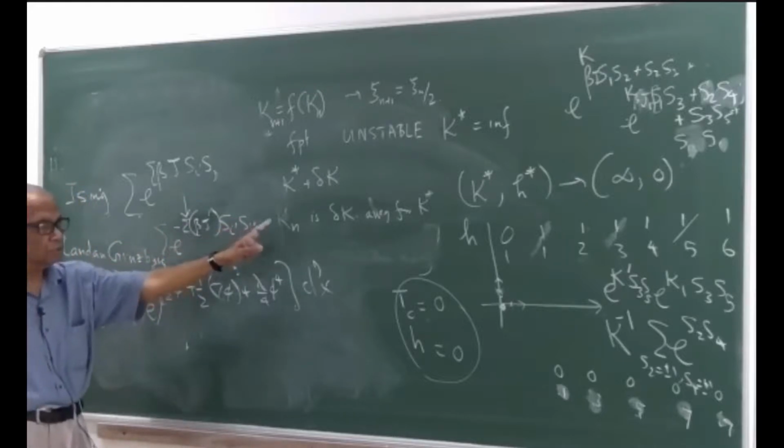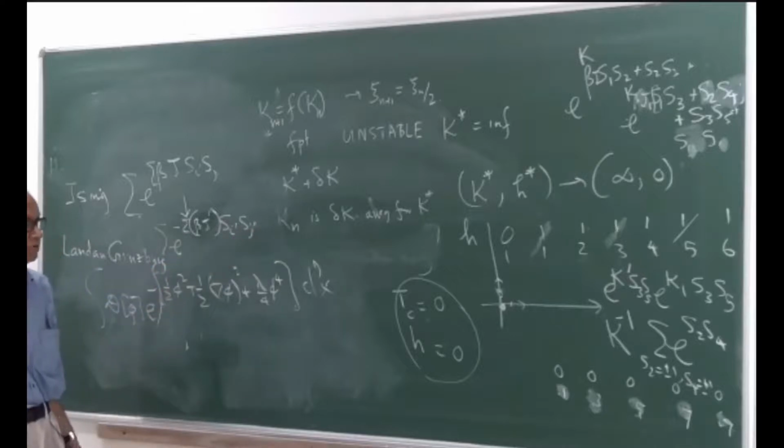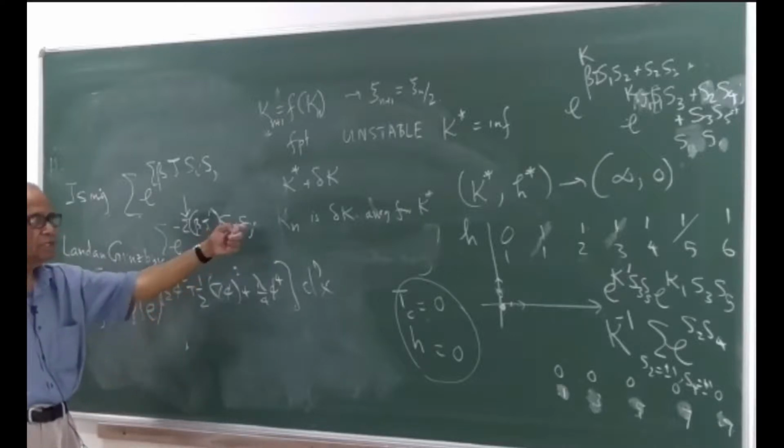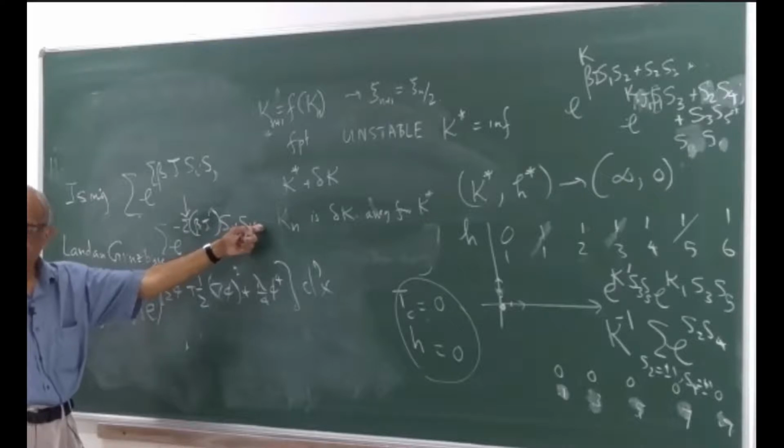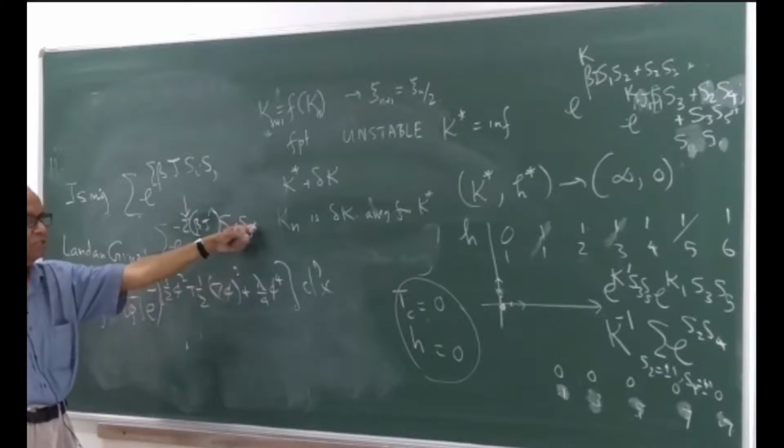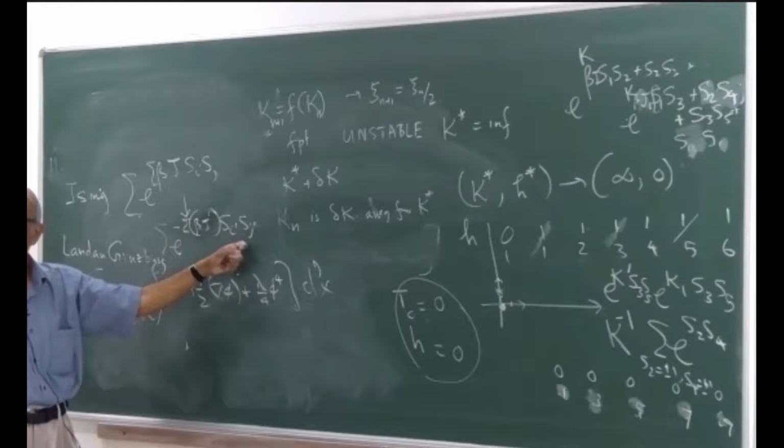But in the process you could be picking up, we were lucky, we didn't pick up any four-point interaction. A few days later when we try the 2D, we will be picking them up.